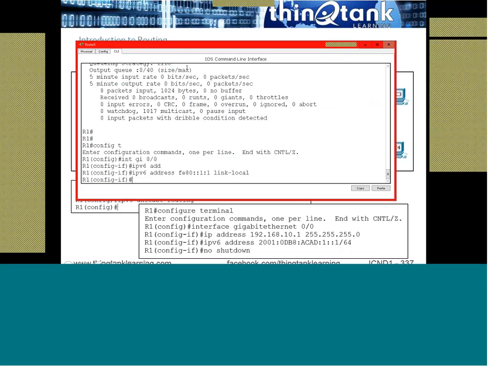Now Geo asked the question, why would I change it? Later on, when we do our OSPF and EIGRP, you're going to see that neighbor relationships, when you look at your neighbor table in IPv6, are based on link local addresses. The next hop address in your routing tables is based on link local addresses.